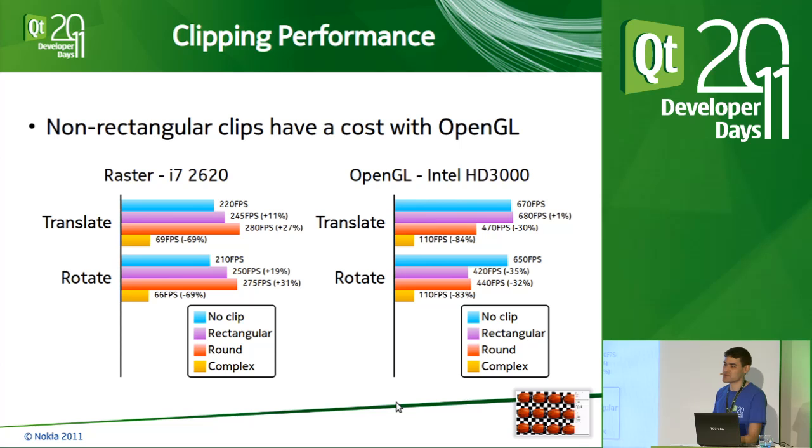And that's because the rectangle has been rotated, so from the paint engine's point of view, it's no longer a rectangular clip, so it has to go through a different code path and use the stencil buffer, which requires some pixel fills, which takes time. And as you can see, the complex clip is also quite bad with the OpenGL paint engine.